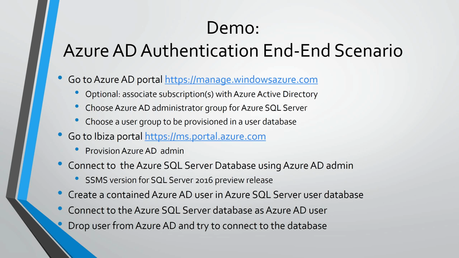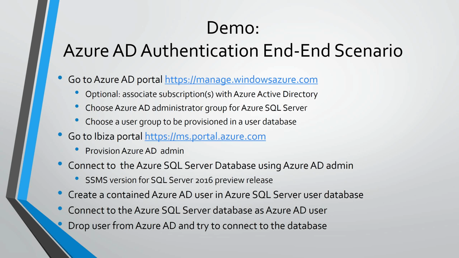The next step is to connect to SQL Server database using the administrator and making sure that this connection works. And for this, we will use the SSMS version that is part of the SQL Server 2016 preview release. And then next step is to create a user in the user database, connect with this user to the database.